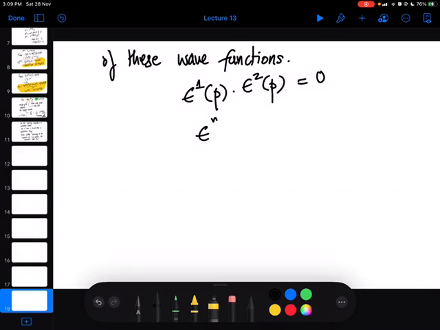So you can re-express it as epsilon R of P dot epsilon S of P is equal to delta RS, up to a certain constant.